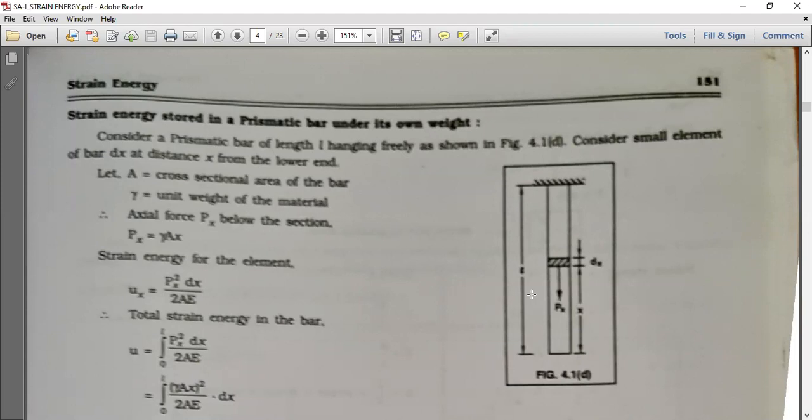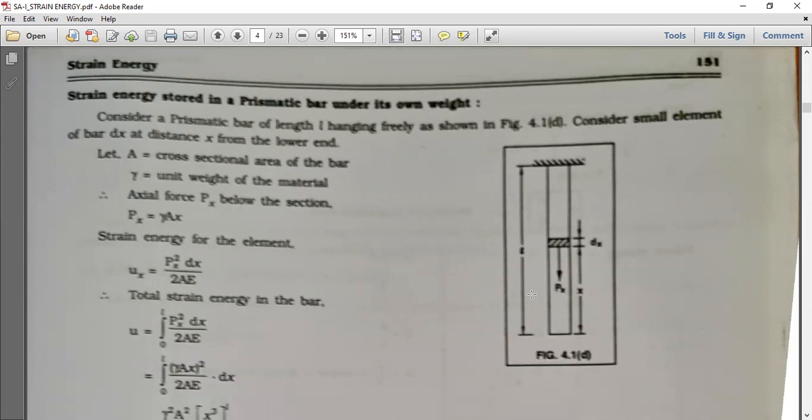Let A be the cross-sectional area of the bar, gamma the unit weight of the material, and Px the axial force in the downward direction. Px is equal to gamma into A into x.